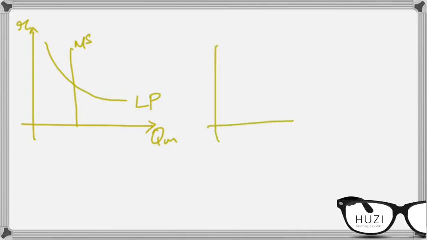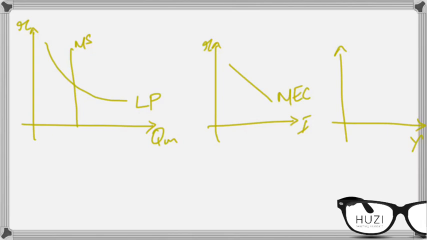Then we have the marginal efficiency of capital with investment over here, interest rates over here, and then finally, to show the equilibrium income, withdrawals and injections. So this will be withdrawals. Let's say this is injections.